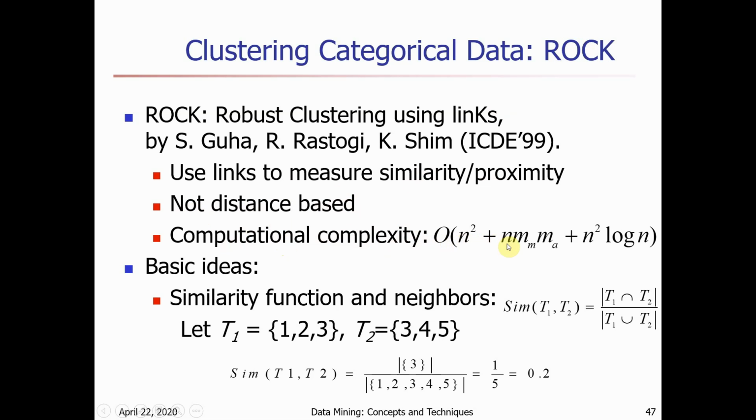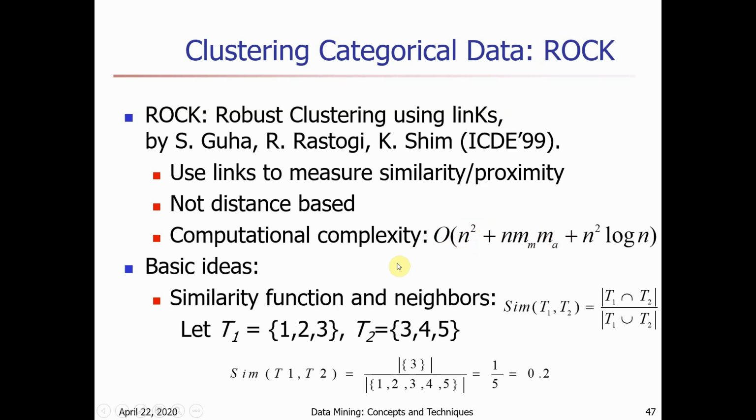Big O of n square plus n m_m m_a plus n square log n, where m_m and m_a are the maximum and the average number of neighbors respectively. m_m is the maximum number of neighbors, and m_a is the average number of neighbors, right? n means the number of data points in the given data set. This is the time complexity for the ROCK clustering algorithm.